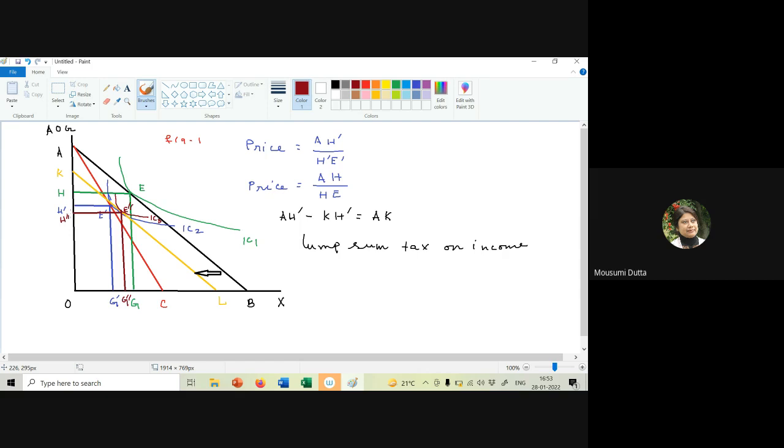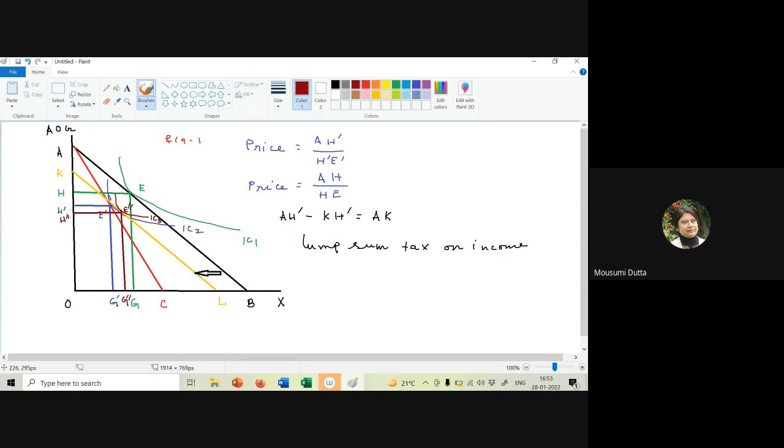The consumer moves to E double prime with higher consumption of X, by increasing the consumption of X to OG double prime.